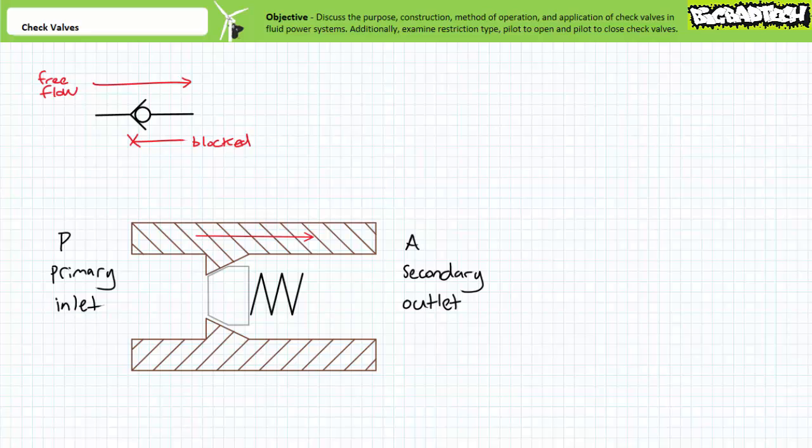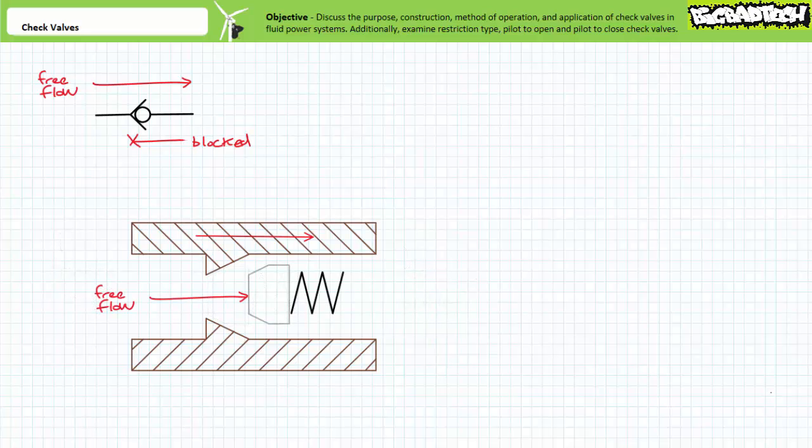Schematically, free flow pushes the ball off the seat, block flow pushes the ball onto the seat. Note in the free flow direction, fluid must overcome the force of a light biasing spring. This implies a check valve in the free flow direction isn't exactly free and necessitates a little push. This initial push is known as cracking pressure and is the pressure at which the poppet partially unseats.